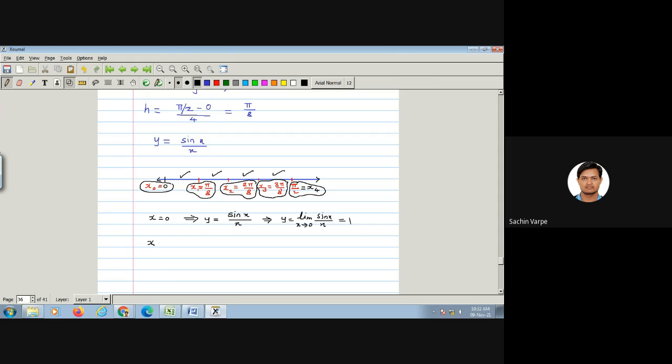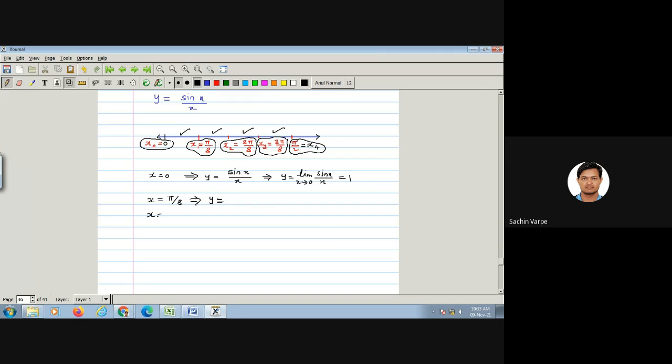Now, what is the value of y for x equal to pi by 8? Check it with the help of a calculator. You all have calculators. Tell me the value of y for x equal to pi by 8.